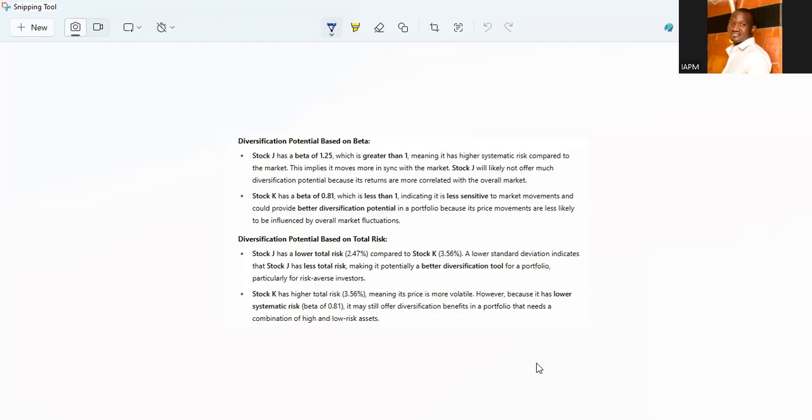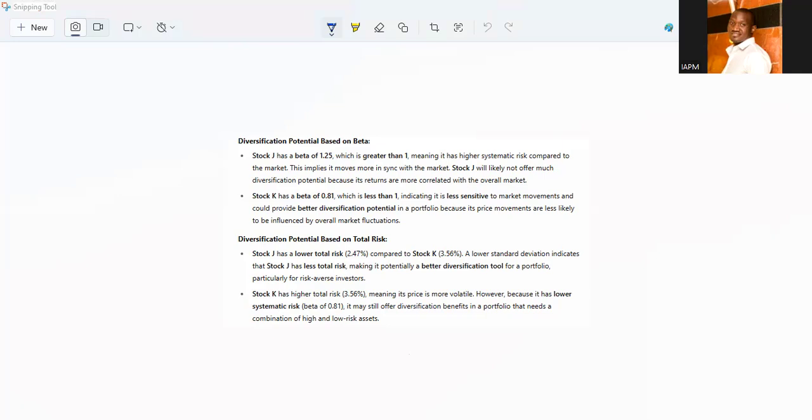Stock K has a higher total risk of 3.56, meaning the price is more volatile. However, because it has a lower systematic risk of 0.81, it may still offer diversification benefits in a portfolio that needs a combination of high and low risk assets.